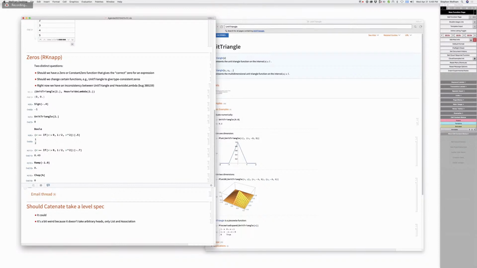So, consider, right? You have a piecewise that defaults to 0 outside a certain range, but you might want an exact 0 if the input is exact, a machine real if the input is a machine real, machine complex if it's complex, or even a quantity of 0 meters instead of exact 0 if the input is a quantity in meters.